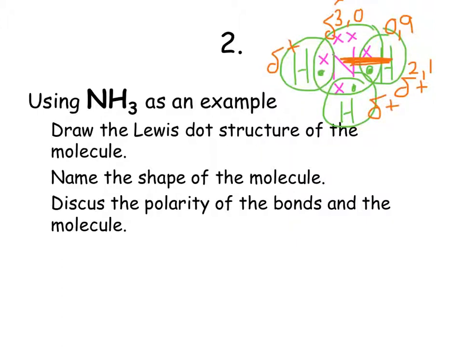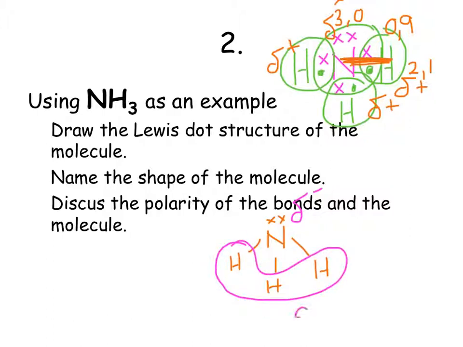What that does for the polarity of the molecule is I'm going to land up with nitrogen. Remember that these hydrogens are actually slightly angled down, and we've got this lone pair of electrons up at the top there. This side of the molecule, the side closest to the lone pair, will be slightly negative, and this band of slightly positive hydrogens over here would land up making that side of the molecule slightly positive.